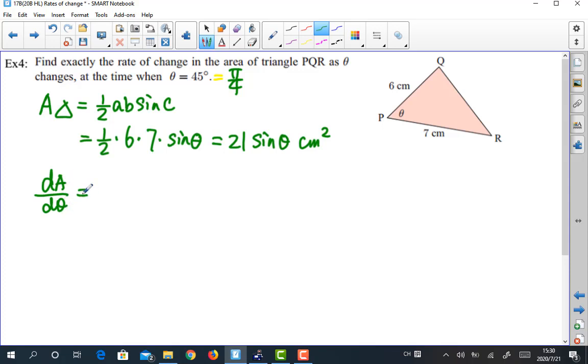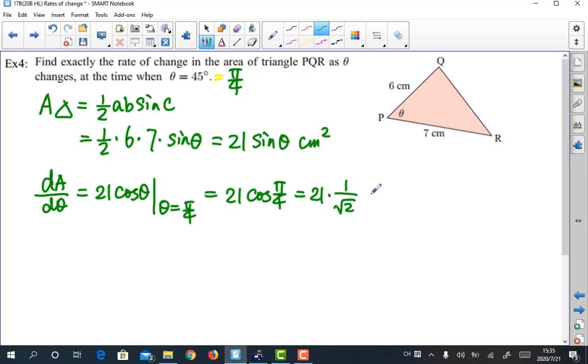So dA over d theta, the first derivative of this function, should be 21 cosine theta when theta equals pi over 4. So the instantaneous rate of change at this instant should be 21 cosine pi over 4. Cosine pi over 4 is 1 over root 2.